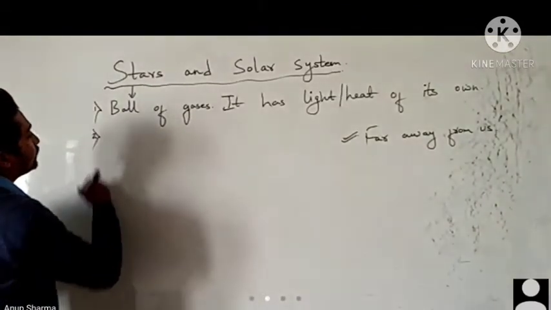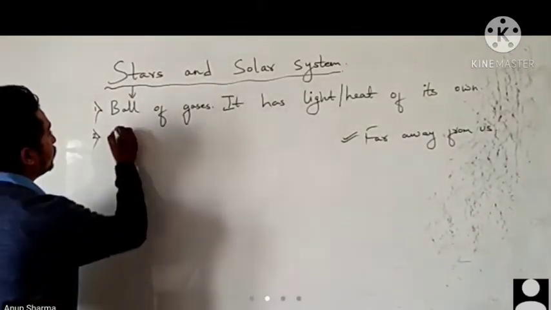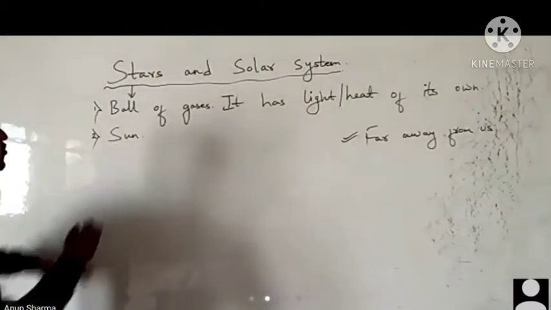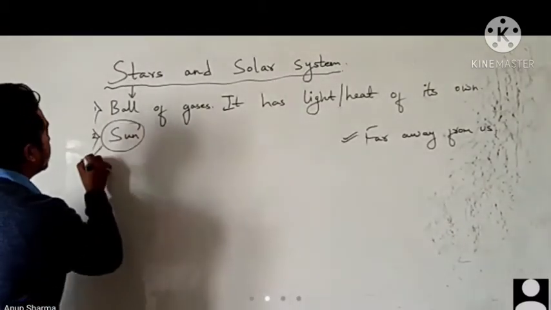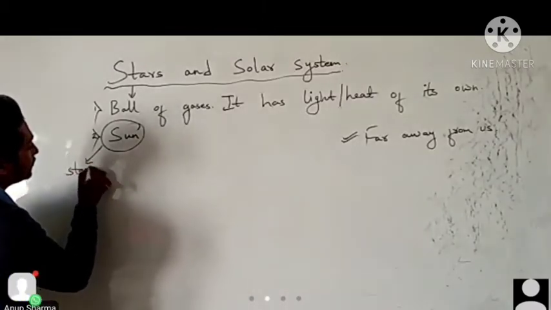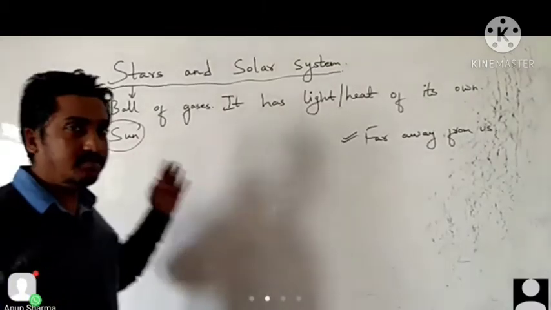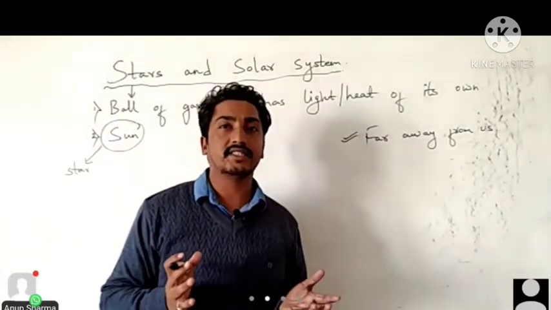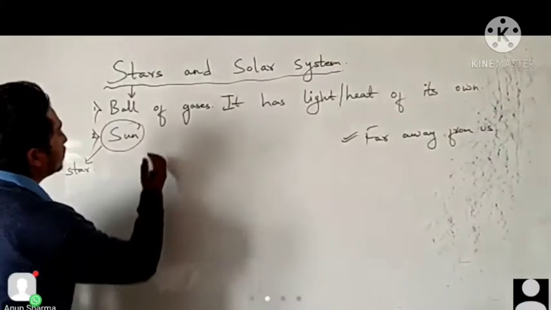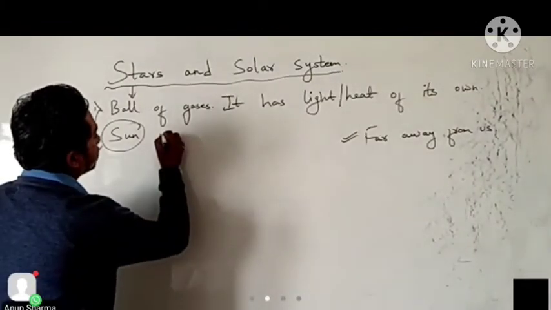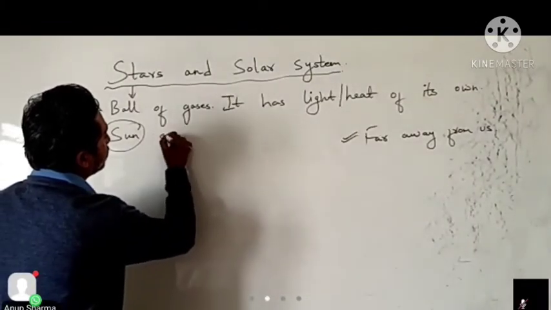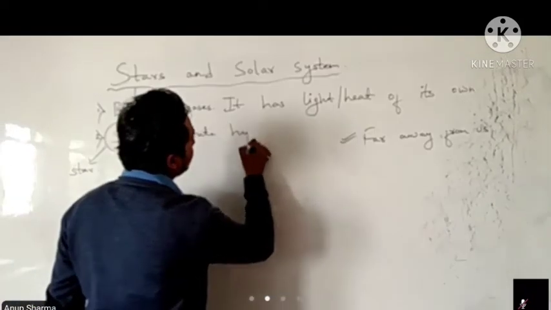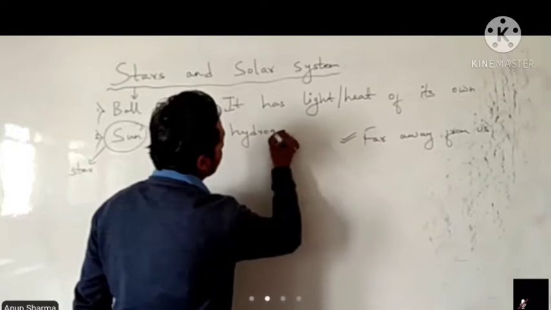Number two, as we all know, we have the sun, and the sun is also a star. That's why you can say it is a glowing ball of gases. Mostly it constitutes hydrogen and helium.